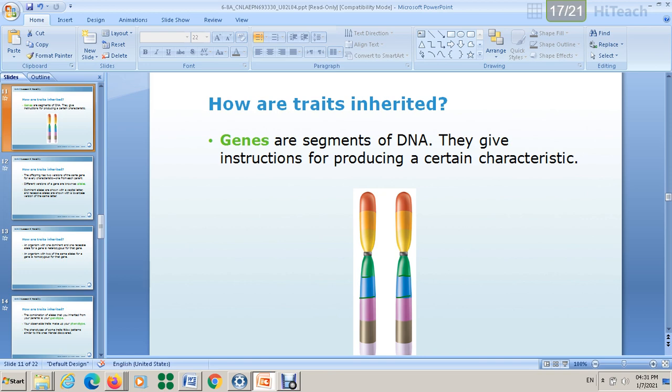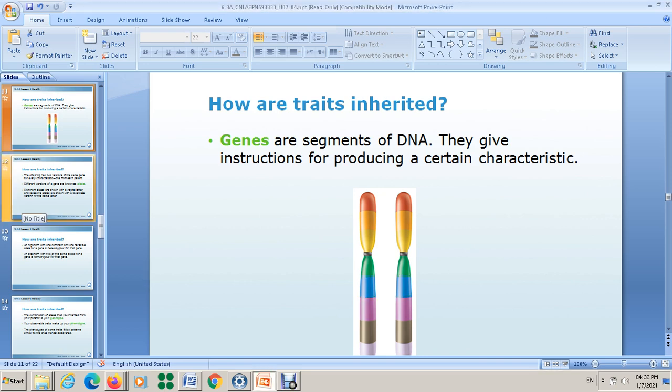Both of them are responsible for the presence of a dimple, for example. So these genes, both of them, are different versions, one from mom, one from dad. These two together are alleles. Got it now? Because one is from the mom and the other from the dad. Is it clear now?